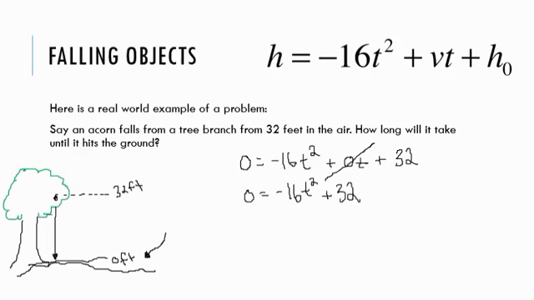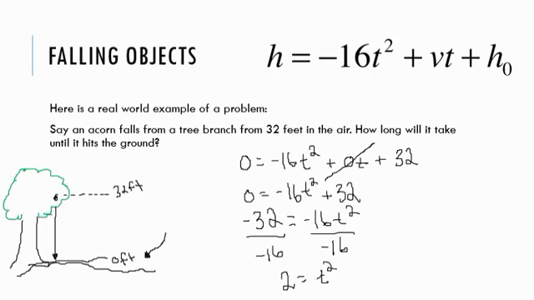Now let's solve for t. I subtract 32 from both sides, giving negative 32 equals negative 16 t squared. If I divide by negative 16 on both sides, I get 2 equals t squared. If I take the square root, I get t equals plus or minus square root of 2.